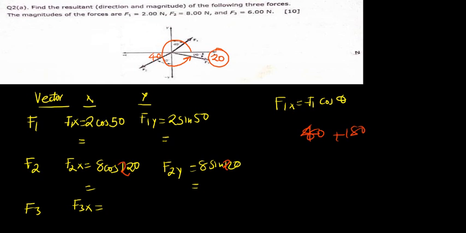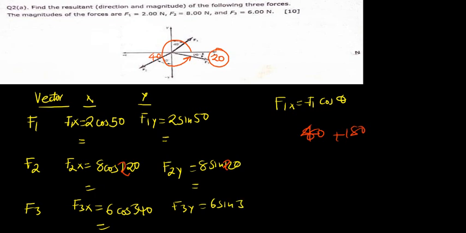Anyone? Yes, good. It will be 360 minus 20. The magnitude is 6, so that will be 6 cos 340. And then F3y is going to be 6 sin 340.